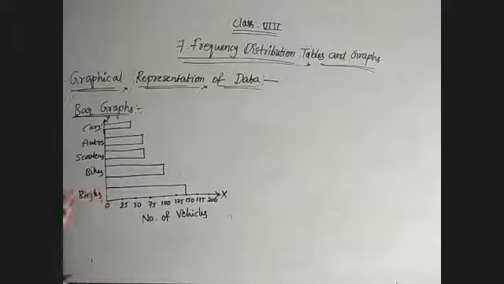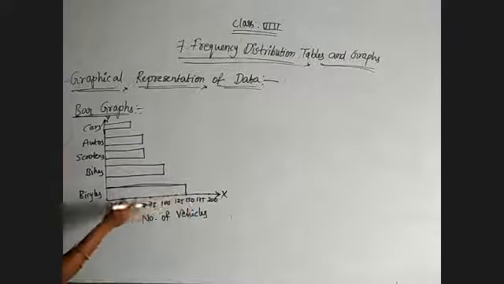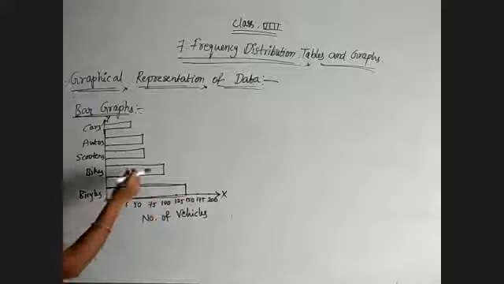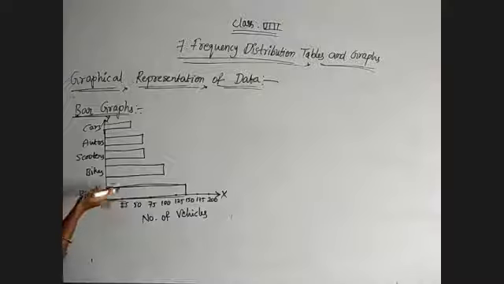Now observe the bar graph. We will read this bar graph. Here the bars are parallel to the x-axis. The x-axis is a horizontal line, and every bar is parallel to the horizontal line, so it is known as a horizontal bar graph.